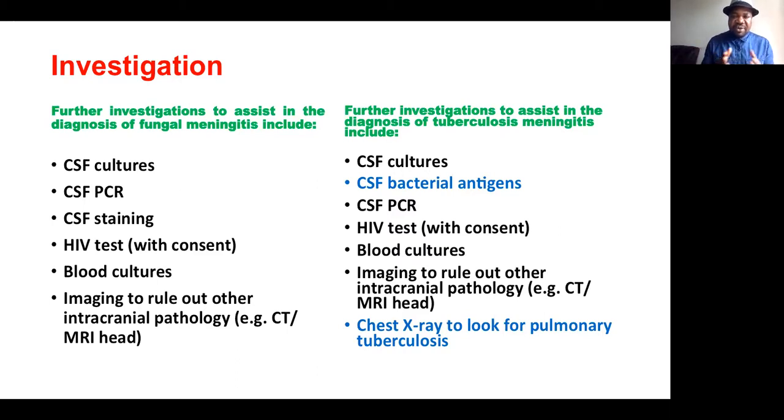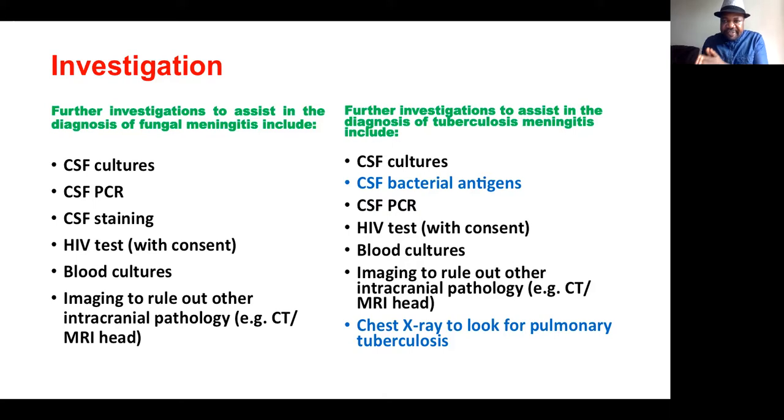It is already known that the patient is HIV positive, so you don't need to repeat that. You can also request blood cultures just to ensure that the infection is not disseminated. And you can request either CT or MRI just to rule out other intracranial pathology.